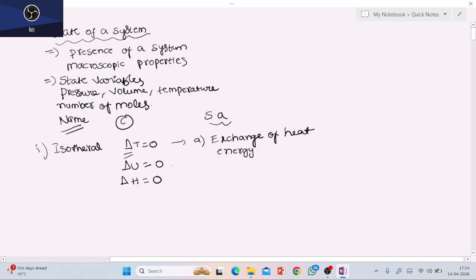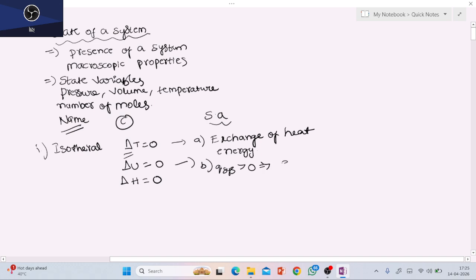If delta U equal to 0, Q system is greater than 0, that implies the process is an endothermic process.